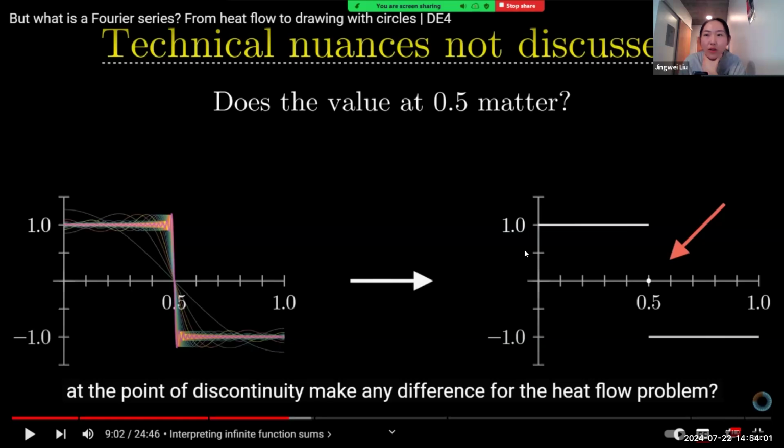So if you took calculus in your first year, you should have seen this limit, infinity, this type of concept in your basic math courses.